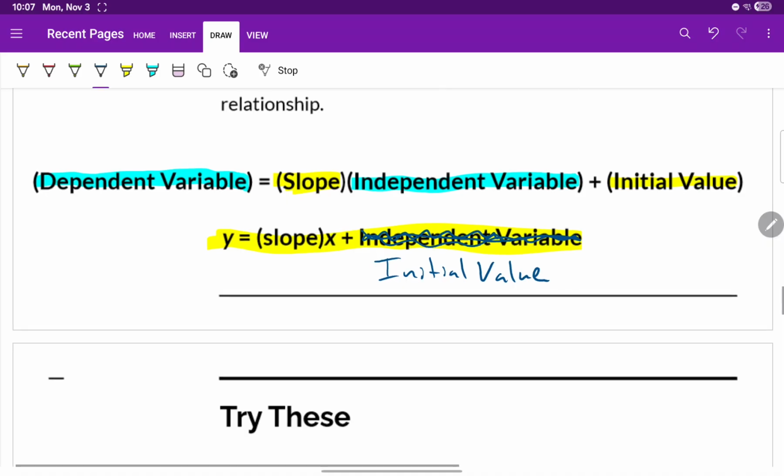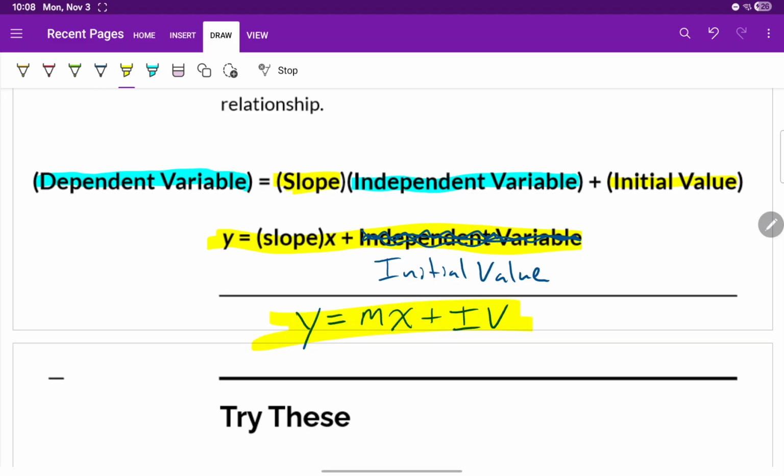Or if we want to write this even a little bit simpler, we can write this as y equals my slope. Do we remember what letter we used for slope yesterday? If you're thinking m, you are correct. So I'm going to write mx plus my initial value, my IV. So you can also write it in that way.